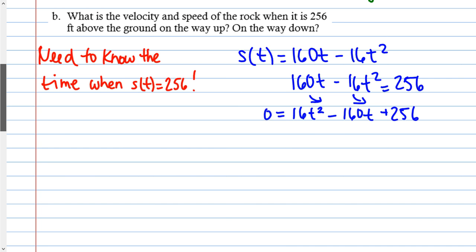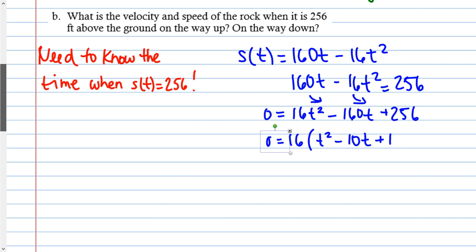I can factor this. The 256 is a little big, but 16 does go into all three of these, so that is my common factor. So 16, so I have t squared, and then I have minus 10t, and then 256, 16 goes into 256 16 times, right?